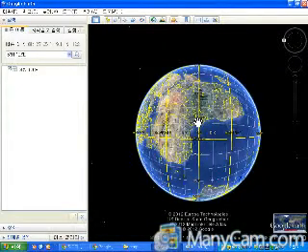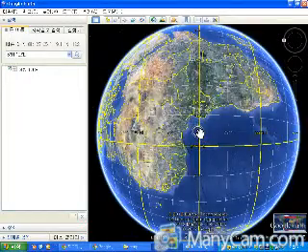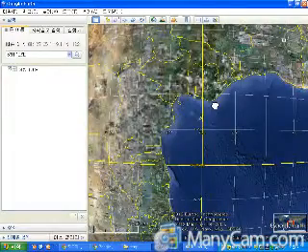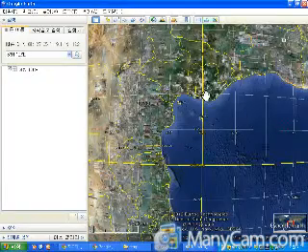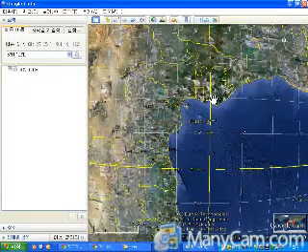Interestingly, when the length is the basic coordinates, GPS, you can see here this is 10 east.